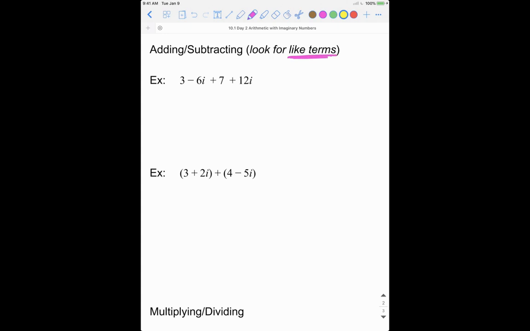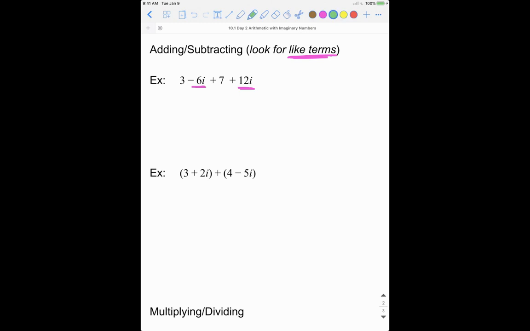When you think about like terms, they have to have the same variable and same exponent in order for you to combine them. So in this case, we can think of these i's as telling us which terms are like terms, right? They both have i's, so we'll be able to combine those by adding or subtracting.